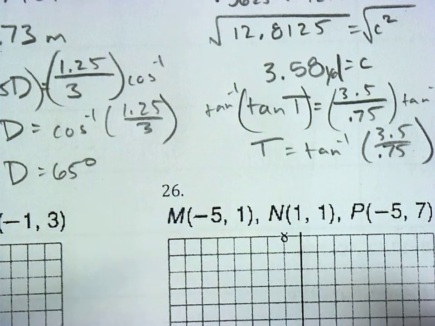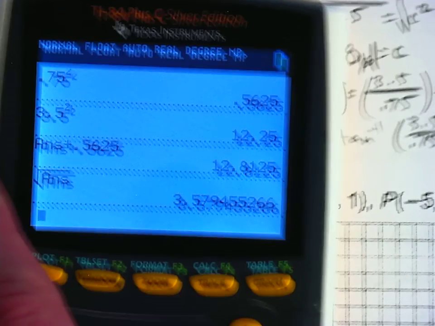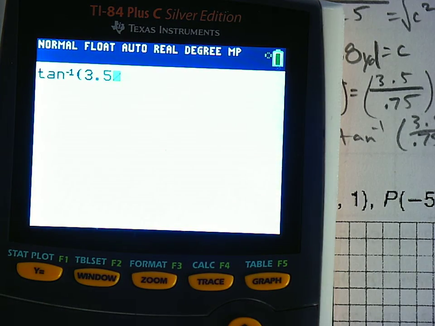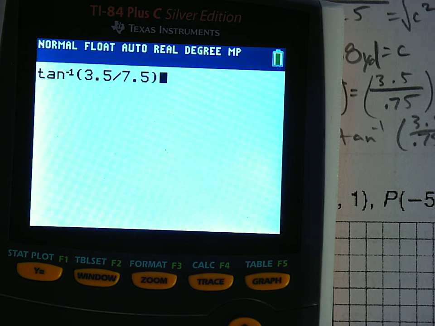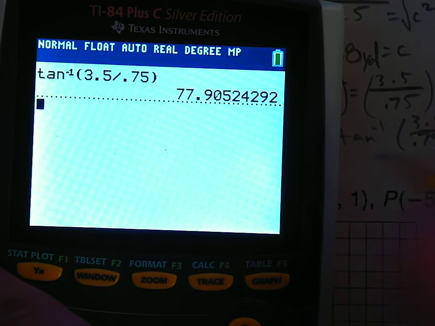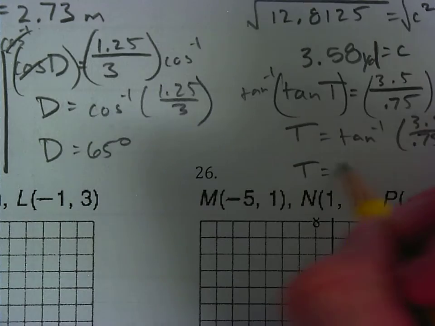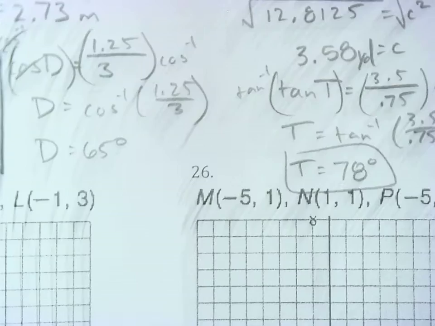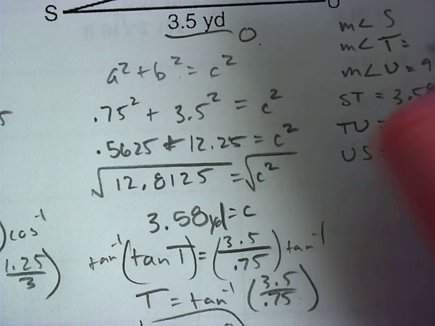Now we just plug that into our calculator. So second tangent of 3.5 over 0.75, and that's 77.9, or 78 when we round. So the measure of angle T is 78 degrees.